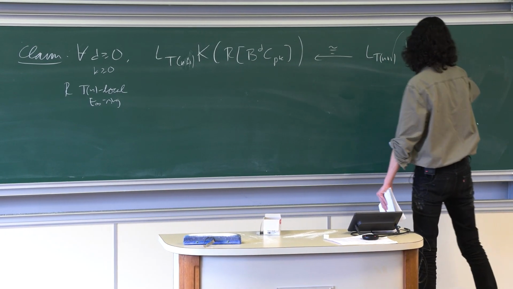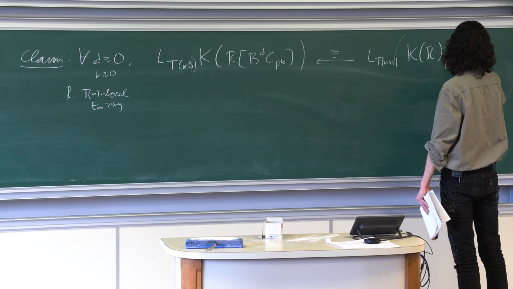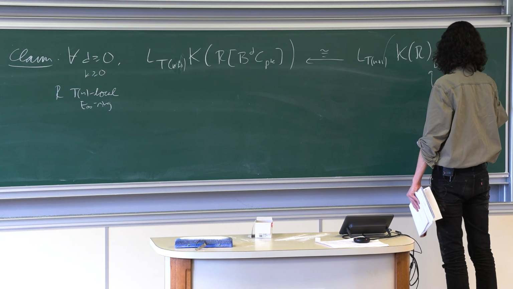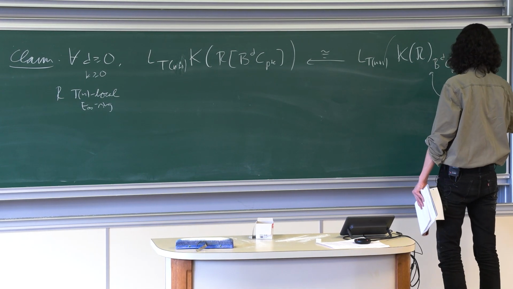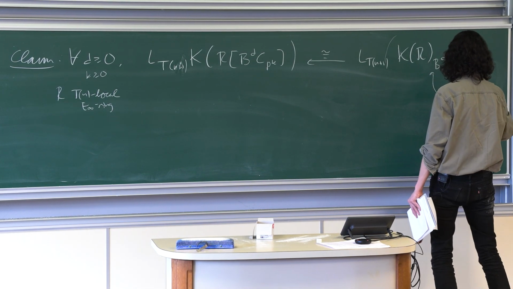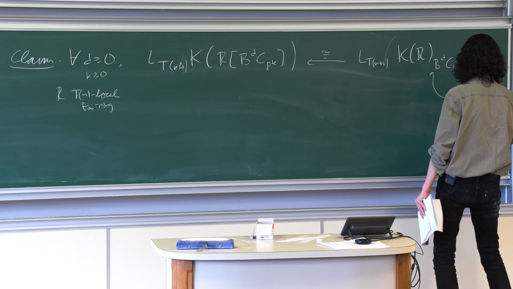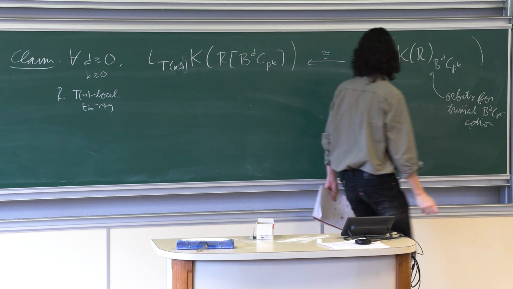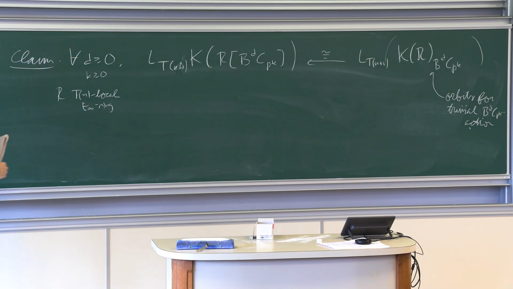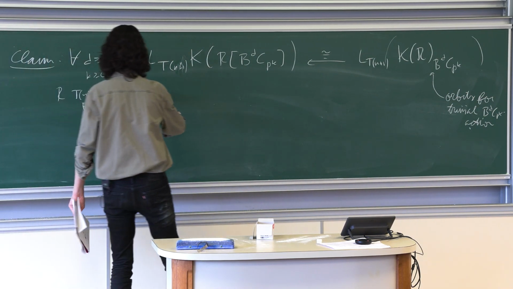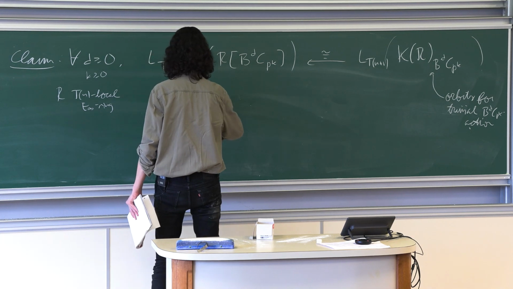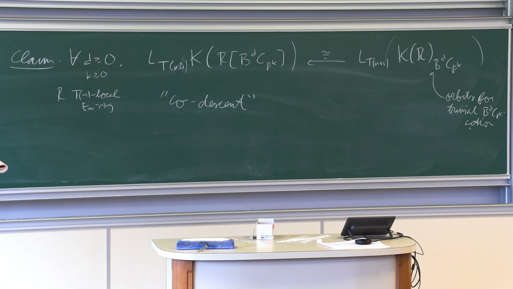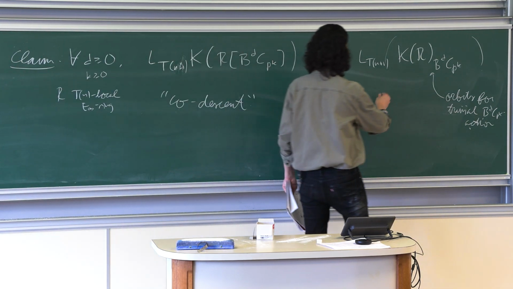So this is homotopy orbits for the trivial B^d C_p^k action. So this is some kind of codescent. Is it because of the shifted colimit commutation? Yeah, this is codescent. Now note, here's where the shifting is happening.